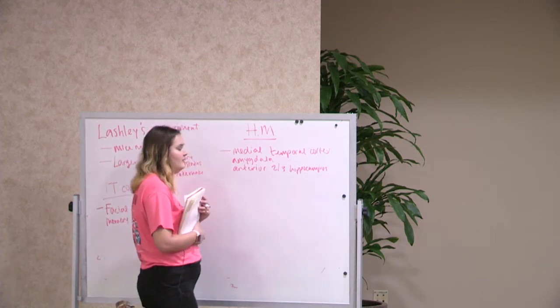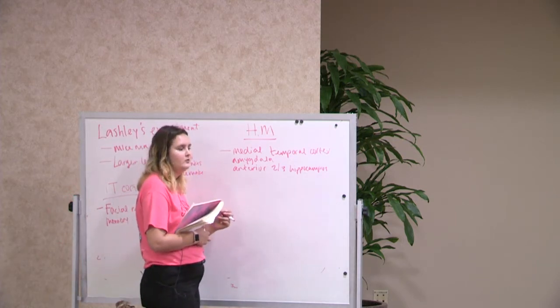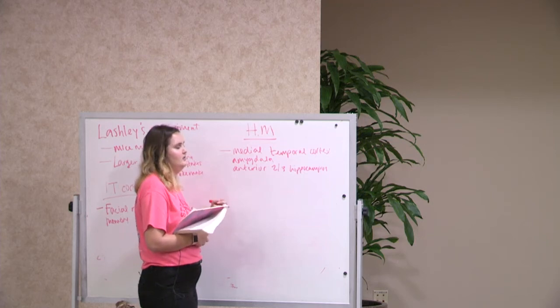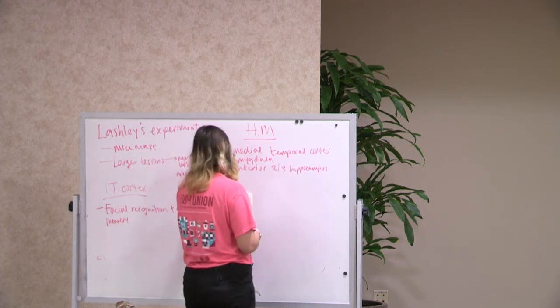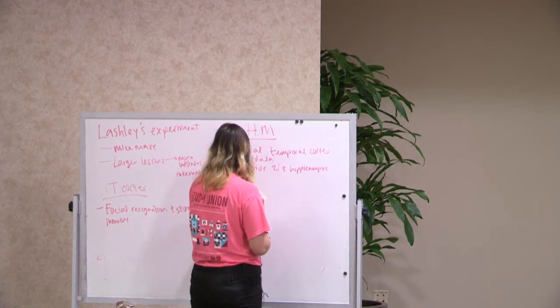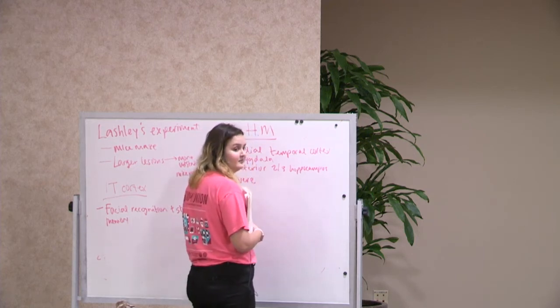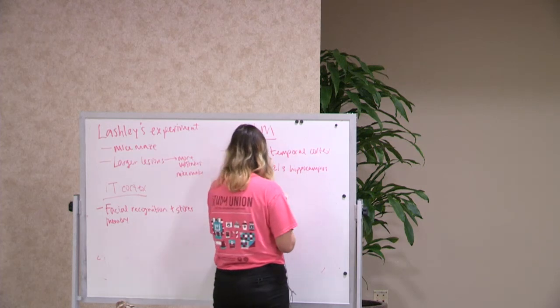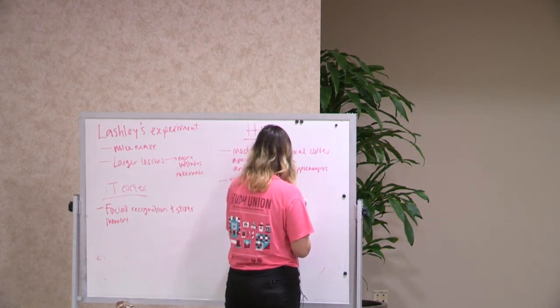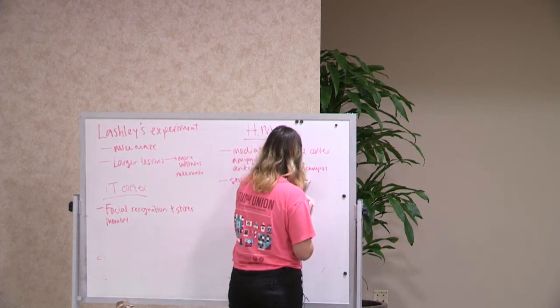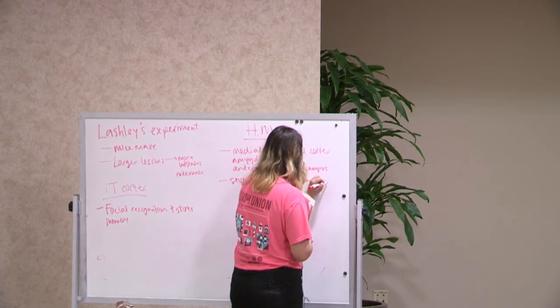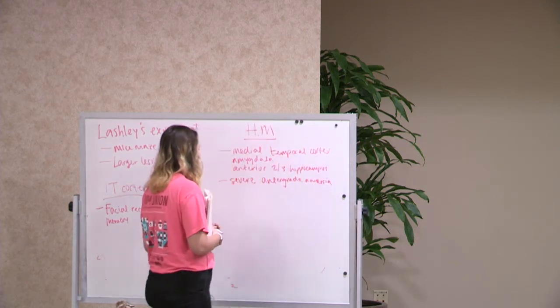He could not form any new memories. The doctor that worked with him for 50 years had to introduce herself to him every day because he just wouldn't remember that he already met her. 50 years. I know, isn't that crazy? So, severe anterograde amnesia.